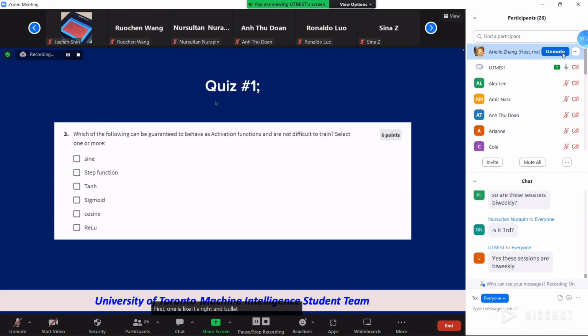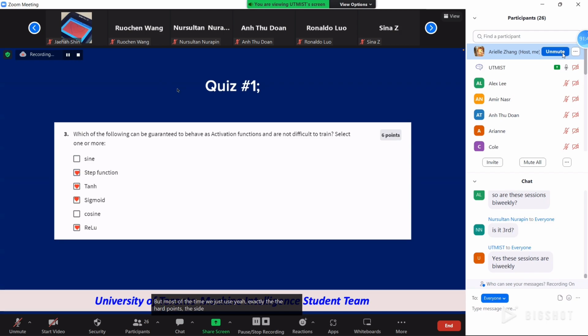But sine and cosine are kind of waving. A step function is bad though. Yeah, so we don't use that. We don't use step functions, but most of the time we just use hard points.